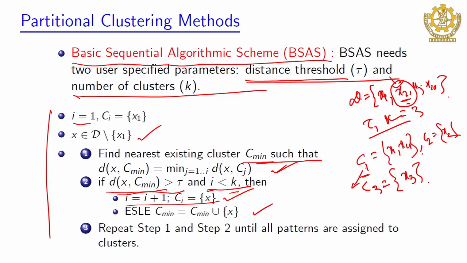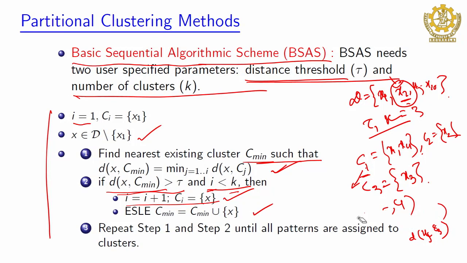Now, you go to x5, you compute the distance from x5 to C1, to C2, and to C3, whichever is the minimum, and if it is less than tau, then you assign. If it is greater than tau also, whichever cluster is closest, you assign that point.